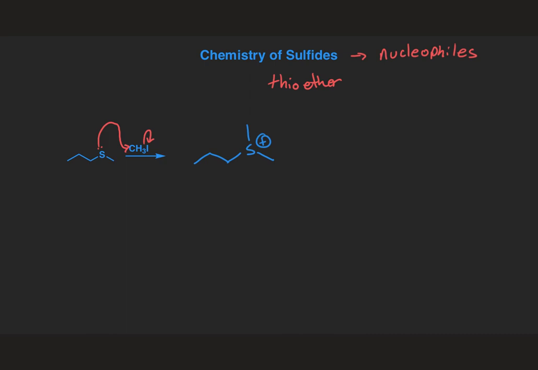And we also have an I minus floating around as well. So sulfur atoms can get alkylated, or we can add an extra alkyl group so that it's got 3 carbons coming off of it. It's got a positive charge, and this thing is called a sulfonium ion.